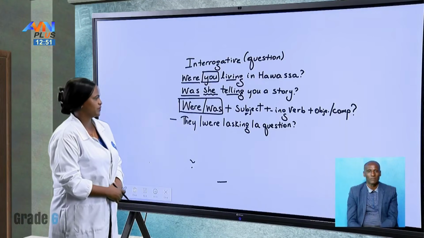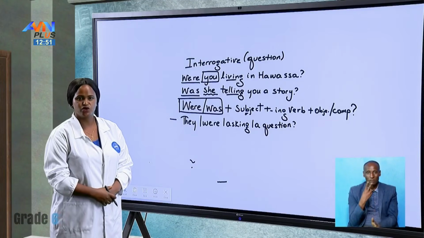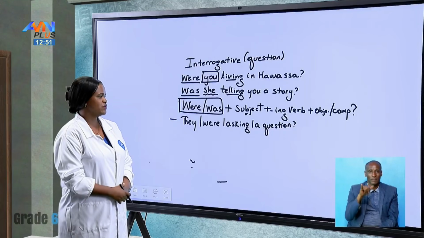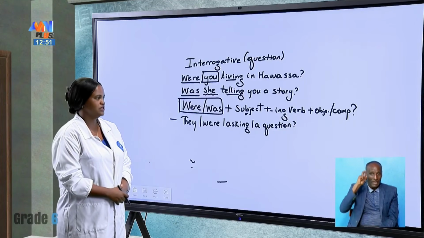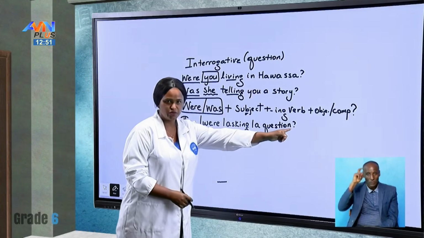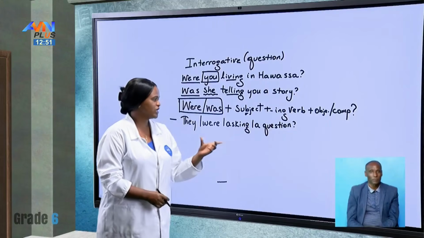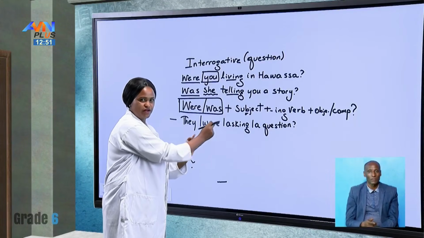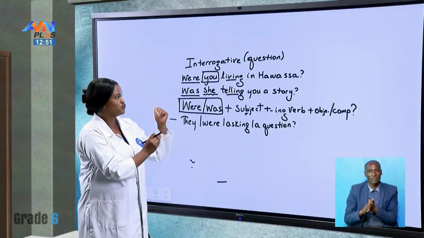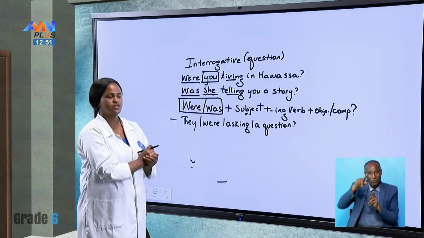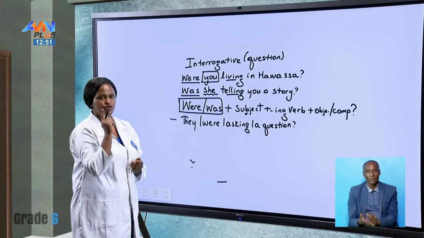Look, they were asking a question. They were asking a question. Then at last we have the question mark. That means we are expected to rearrange the words here, and then we can make what? Interrogative sentence. Correct. Good. Let me give you a few seconds.